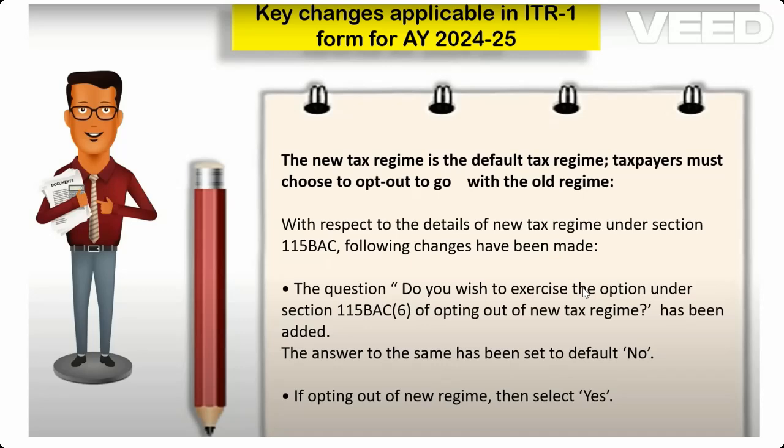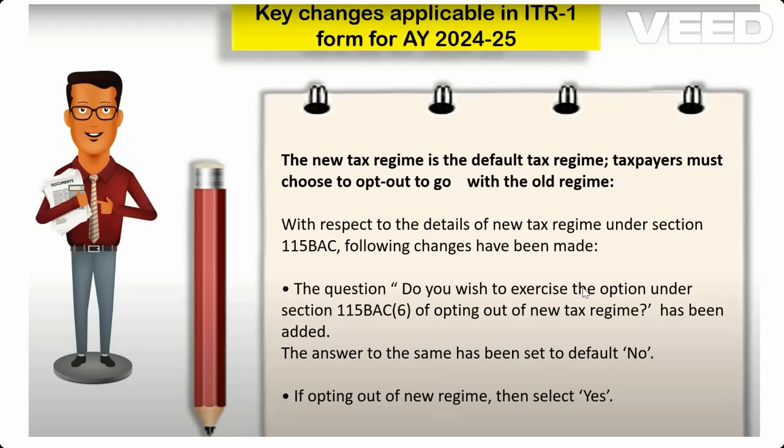The taxpayer must opt out to go with the old regime, where you can show all your investments and save more taxes. People are preferring the new tax regime, but if you have sufficient documents for the old tax regime, you can opt for that.